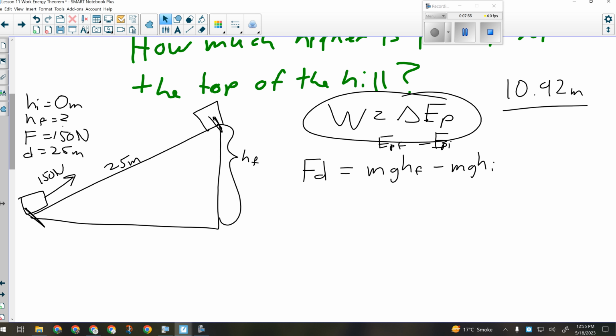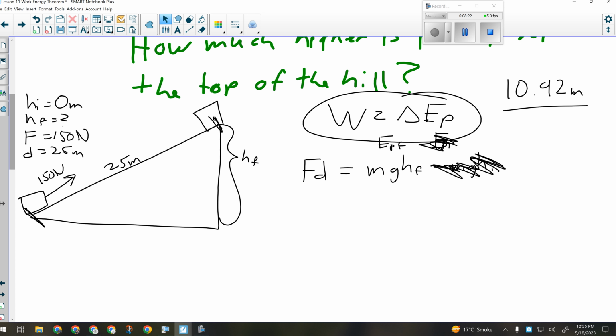Since I start at the bottom, which would be ground level, how much potential energy do I have at the beginning? None, because my h initial would be 0, and anything times 0 is 0. So I don't have to worry about that part. I just have F times d equals m times g times h final.